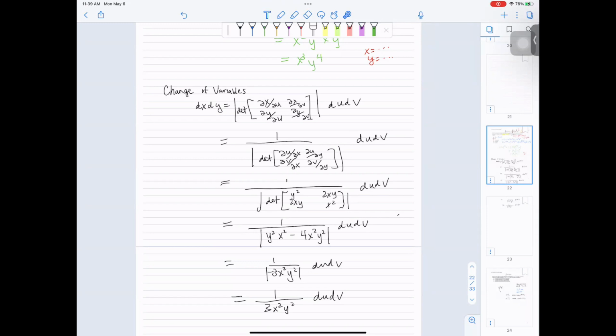And to check how the orientation changes, how do we know which matrix to use the determinant for? Wasn't sure whether to use the negative 3x or the reciprocal. Well, we don't know how to find the other one. We only know how to find this one, so use the one you can find, which is the negative 3x squared y squared.